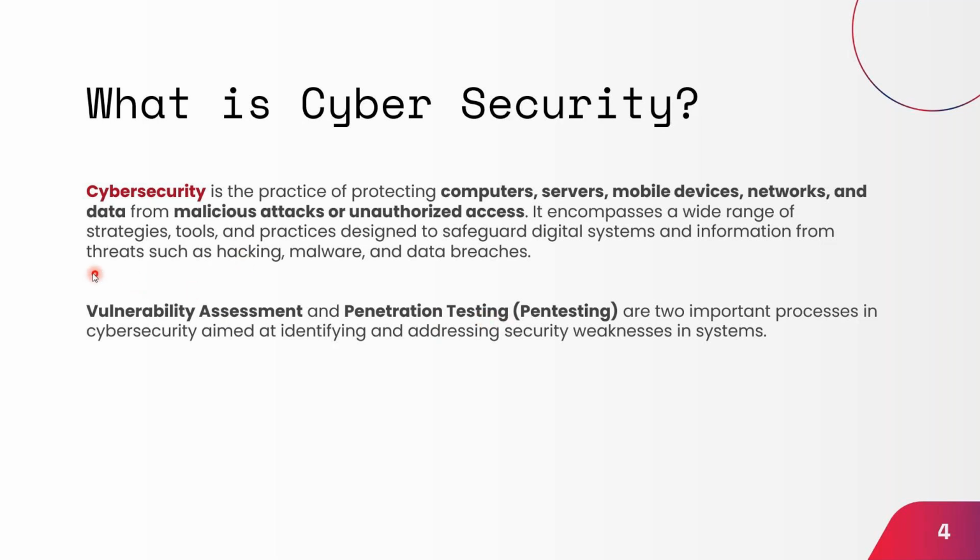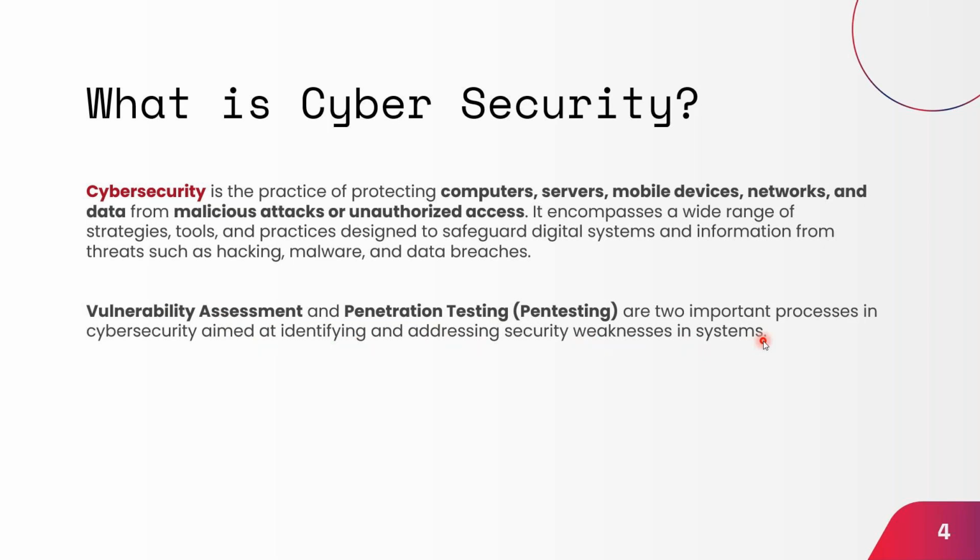our course's main focus is identifying the weaknesses and taking advantage of those weaknesses to identify the real-time impact, right? So these are the two important processes in cybersecurity, which is VAPT, aimed to identify and address the security weaknesses in the system, right?